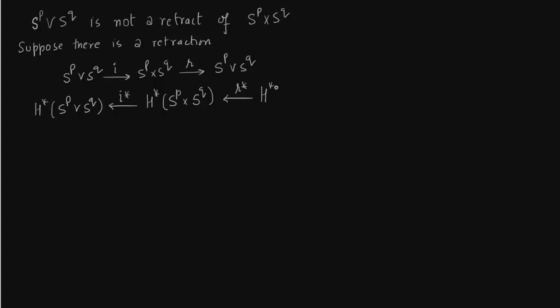So the idea is that we will show the contradiction arises because the image of R star will not be a ring. So let us write down first the elements. So what are the elements here? The cohomology of a sphere exists in only dimension P, dimension Q and dimension 1. All other cohomology groups of a sphere are 0.